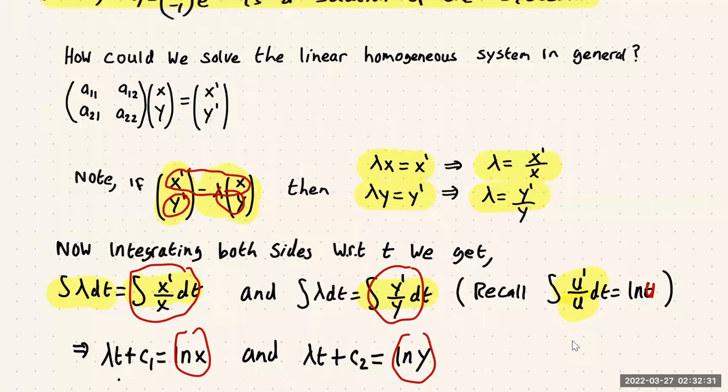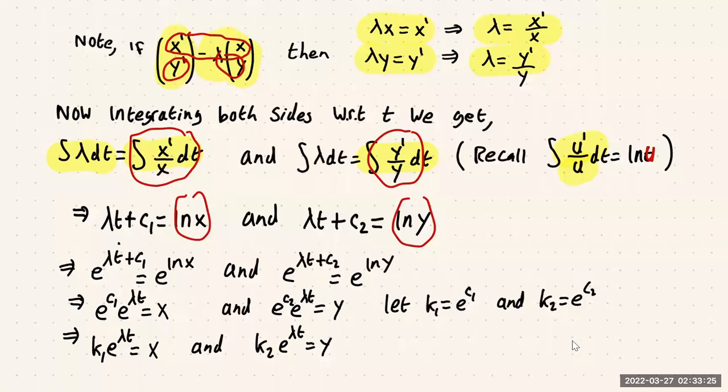We want to solve for x and y, so we're going to exponentiate both sides to base e. The e to the ln of x will just be x, and e to the ln of y will just be y.